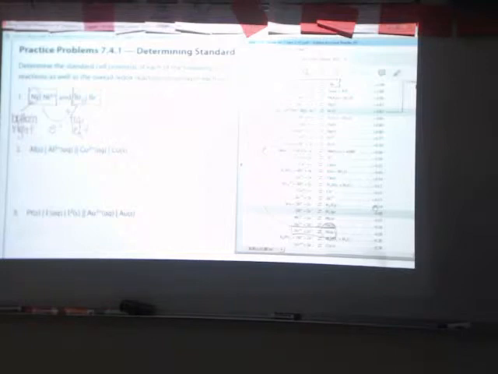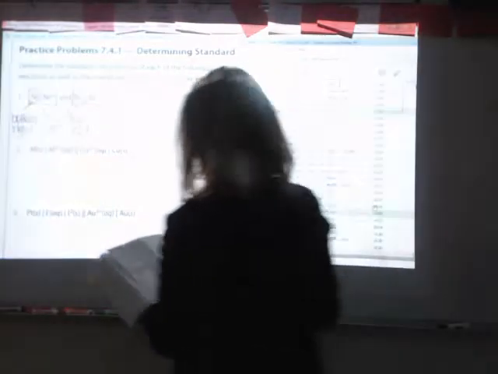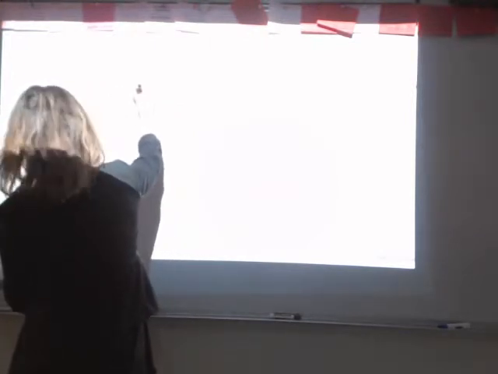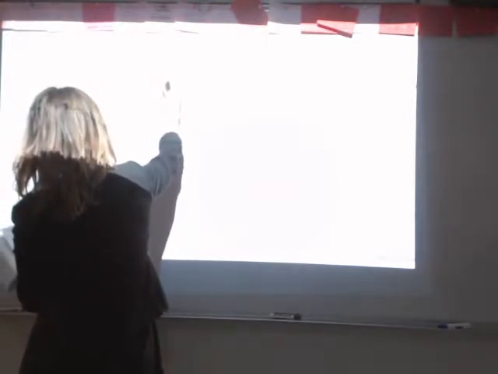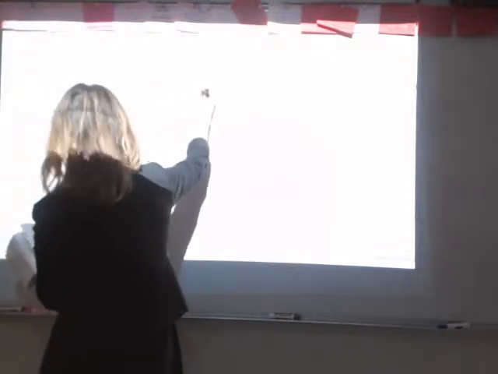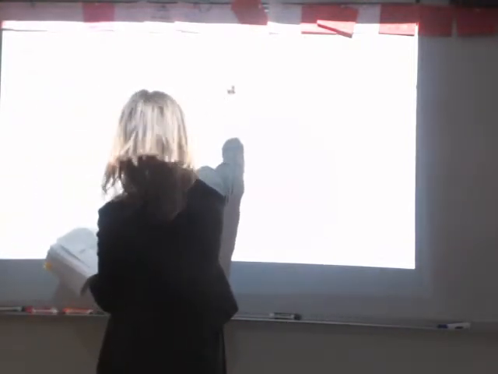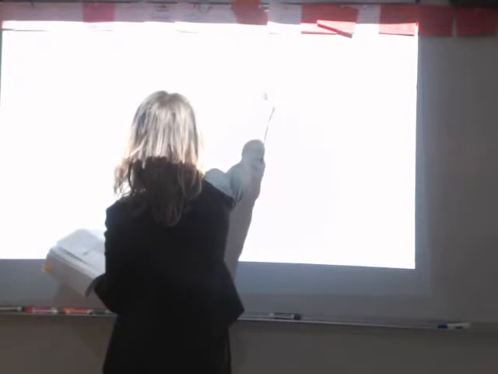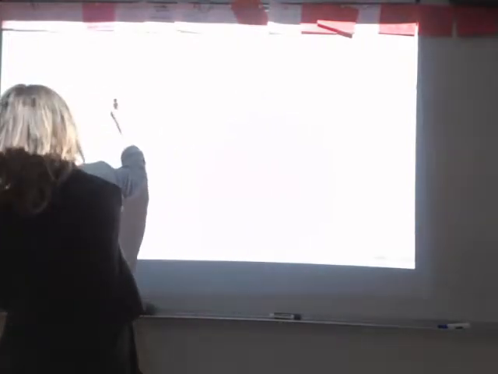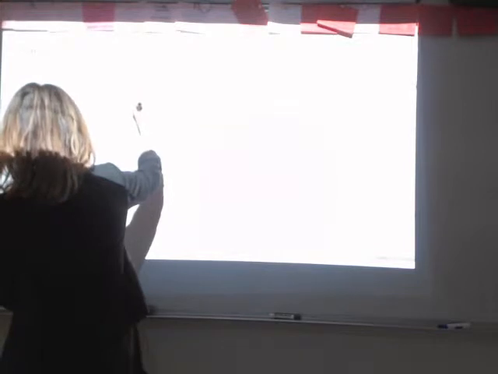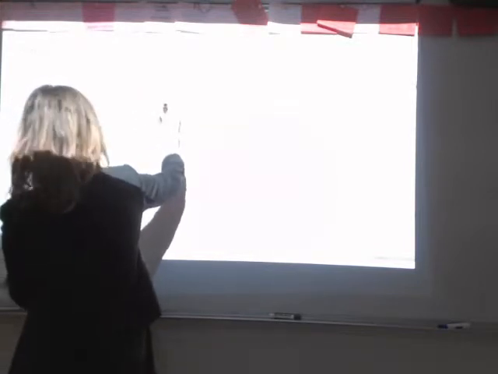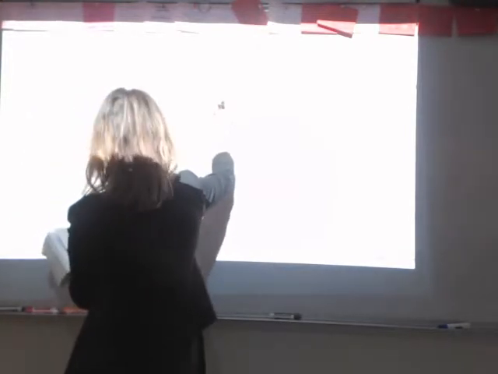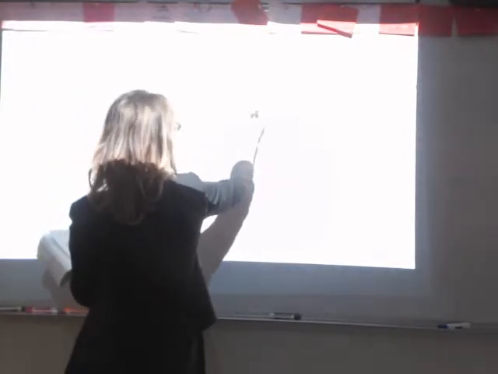Can you see it? Okay. So you're going to have your nickel half reaction reversed. Your voltage for that is going to be a positive 0.26. Bromine is going to stay in the order that it's in, and this is a positive 1.09 volts.